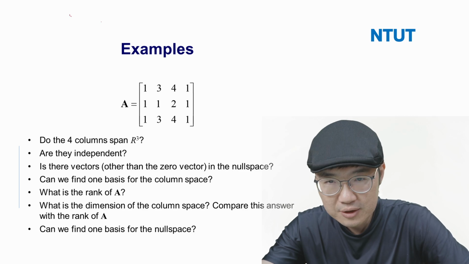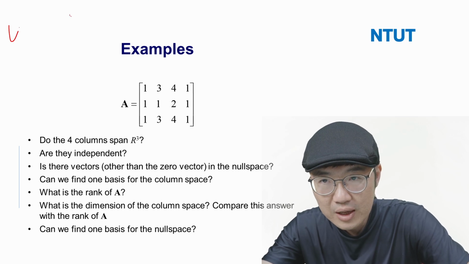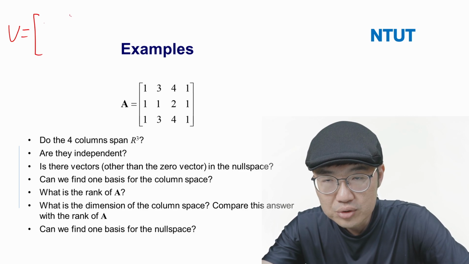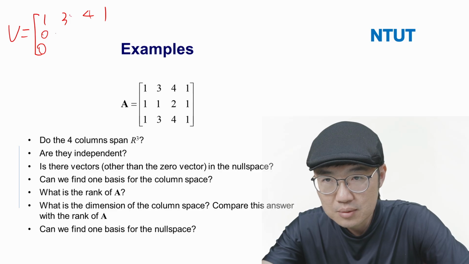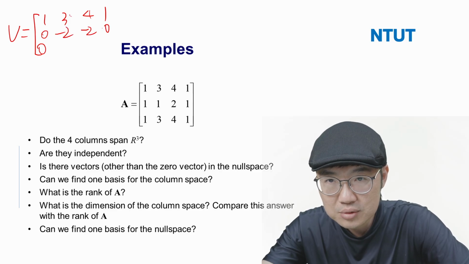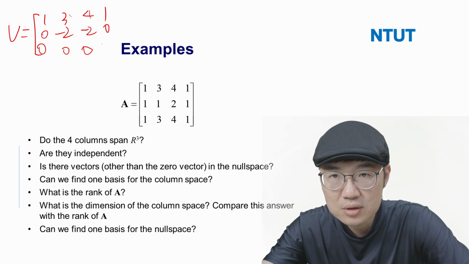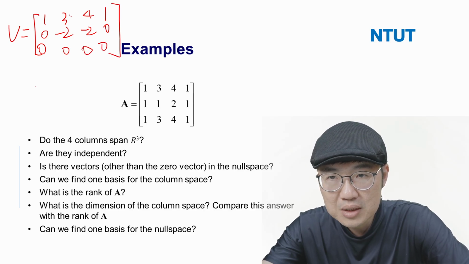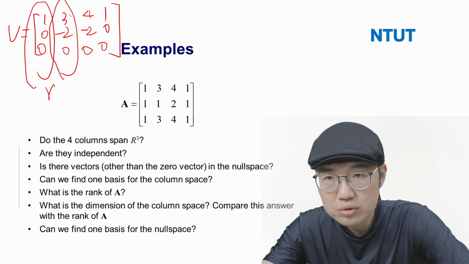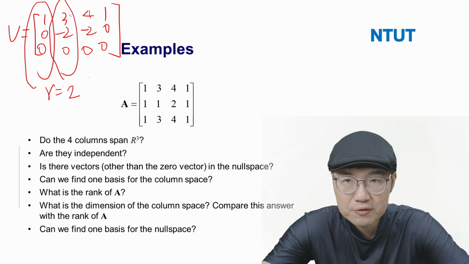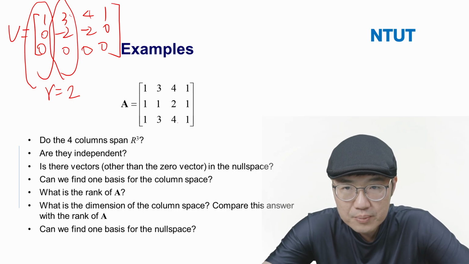If we do this right, A will turn into 1, 3, 4, 1, 0, minus 2, 0, and 0, 0, 0, 0, which means there are 2 pivots, which forms a rank of 2 in U.